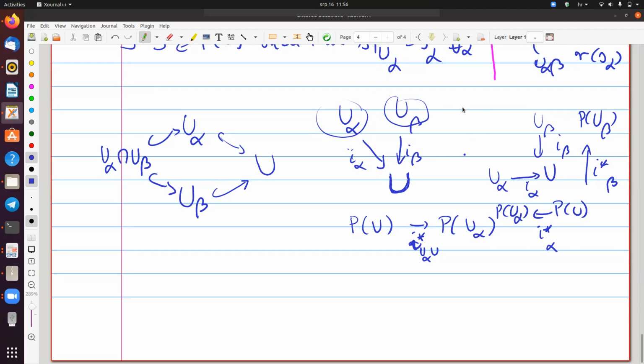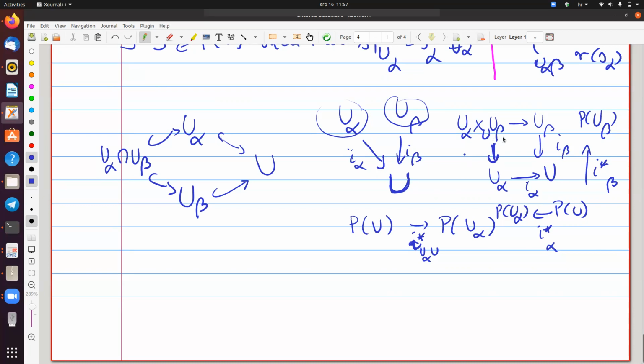And then we will have here U alpha cross U beta over U. Basically, it's like a Cartesian product where we identify, what am I saying? Well, we have to do it a little carefully.